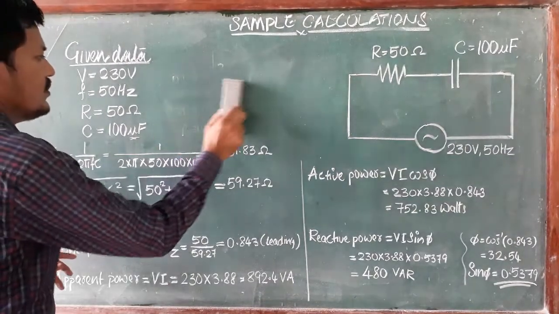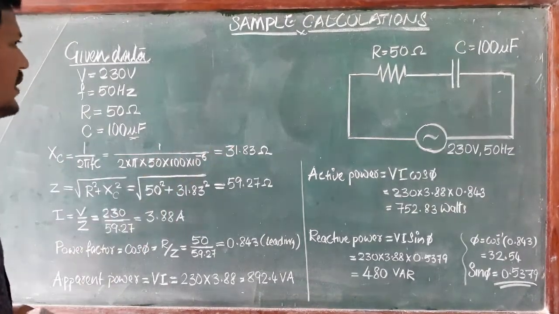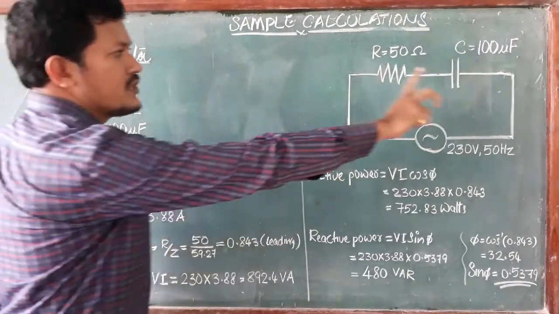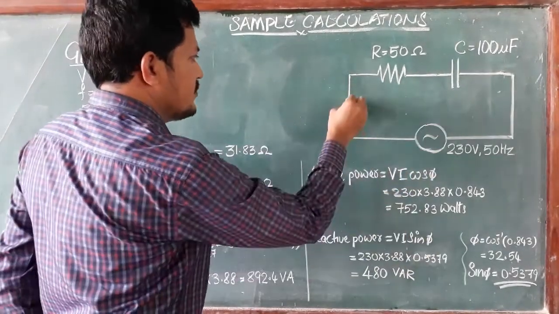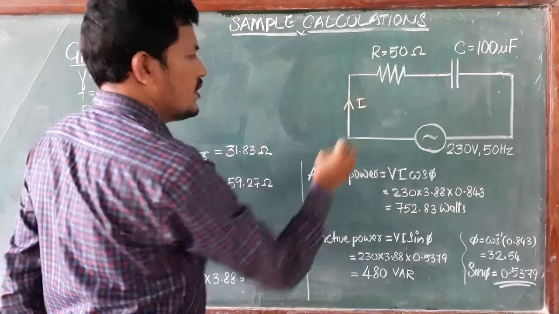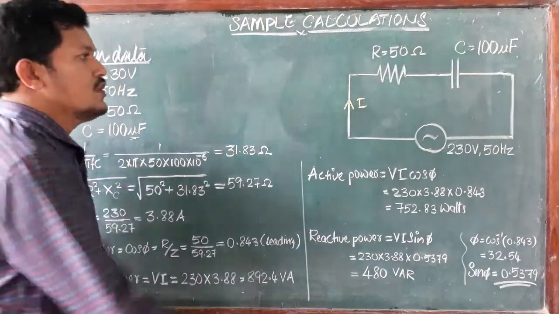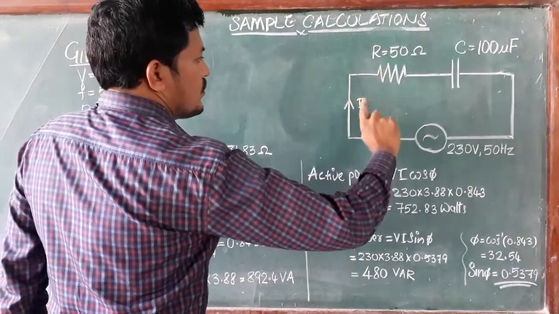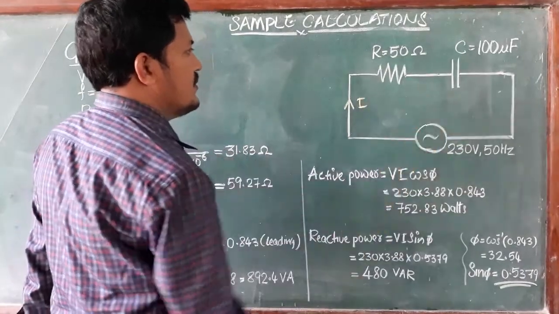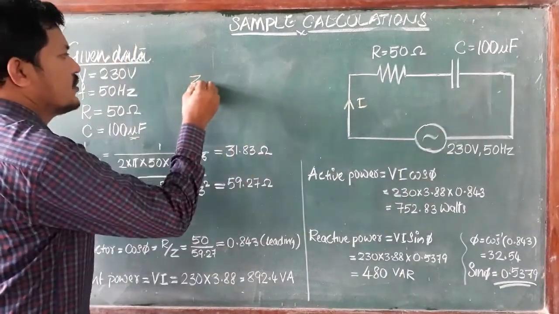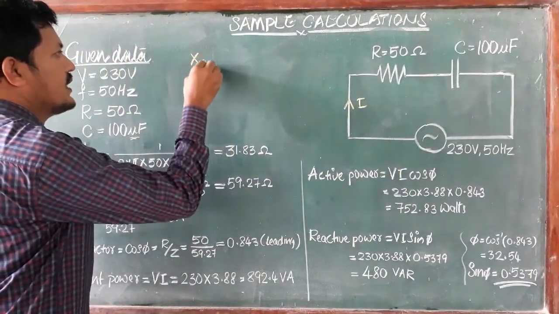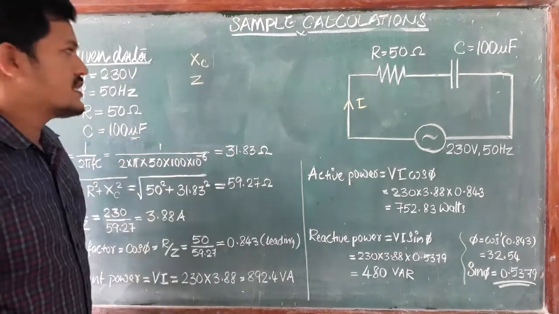So in this problem we have to calculate the total opposition offered to the flow of current. Next we have to find the total current, how much current is flowing here. To find the total opposition, that is Z, we have to calculate Xc, the capacitive reactance.